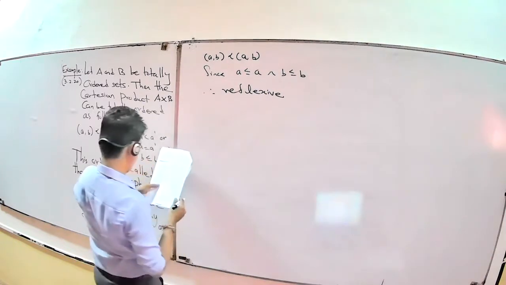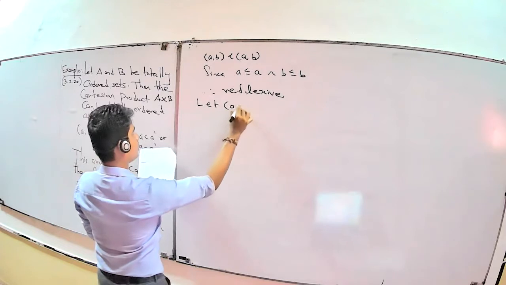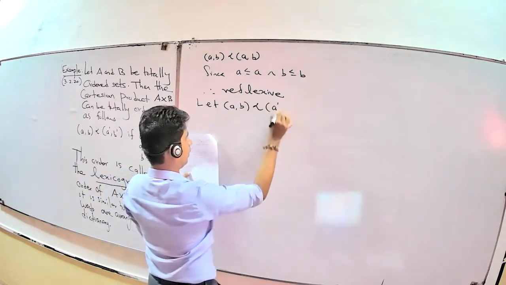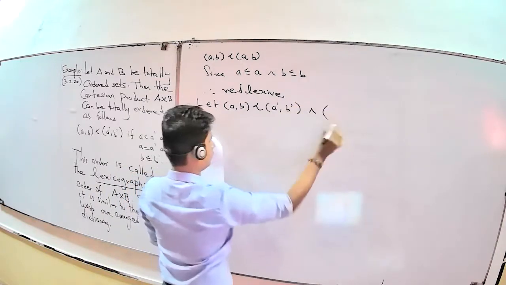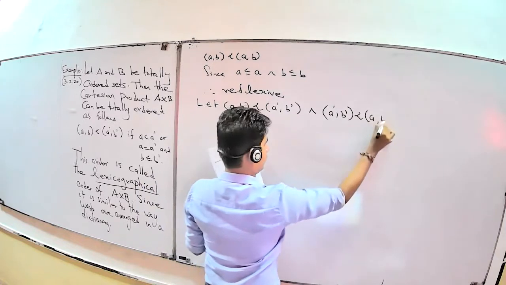Antisymmetric case. Let (a, b) and (a dash, b dash) be such that (a, b) precedes (a dash, b dash) and (a dash, b dash) precedes (a, b).